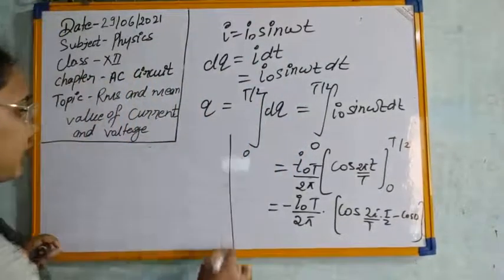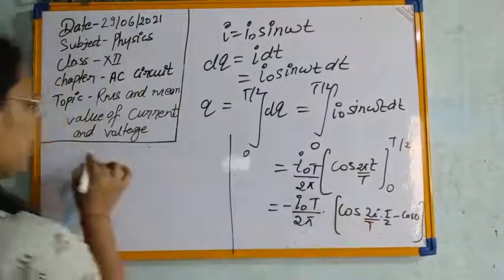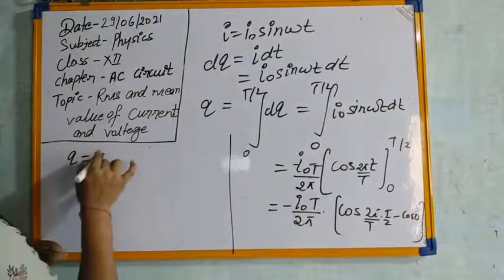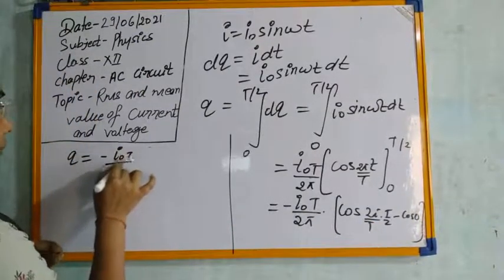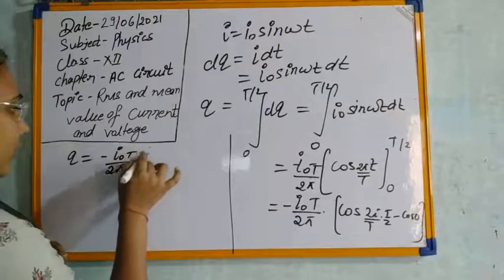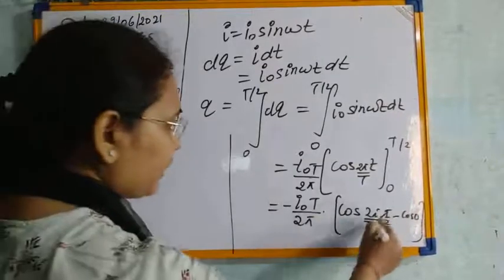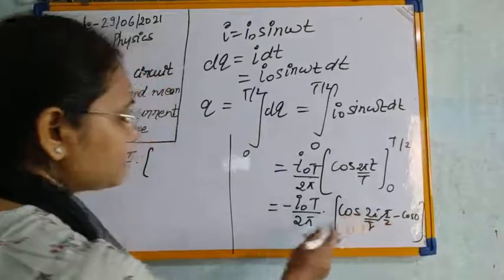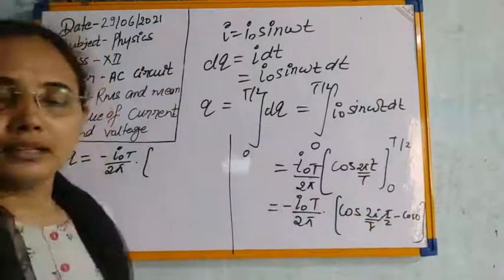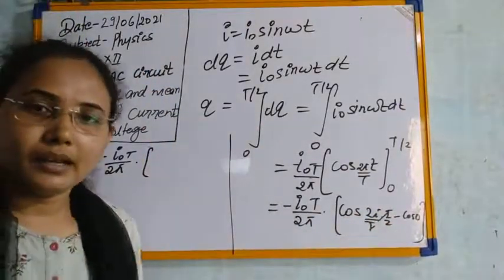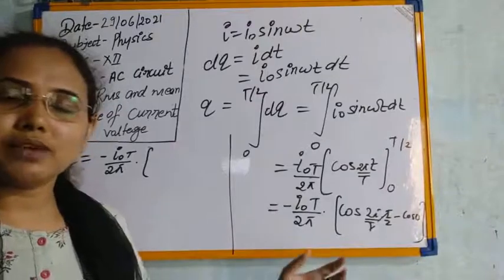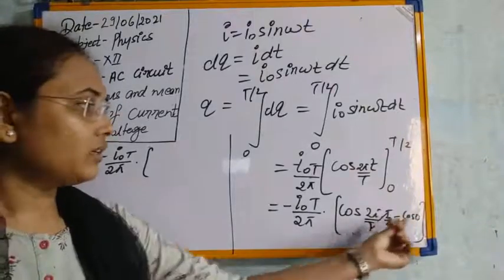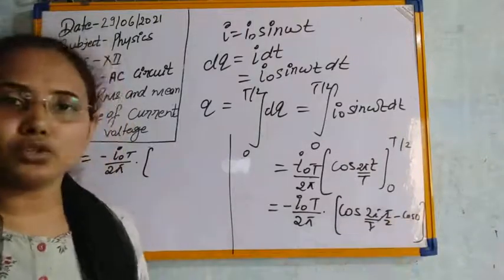Let's just calculate the value of this one. This is the final value of q obtained, I0 T upon 2 pi, and here if you cut, 1 and 2 are cancelled out, then cos pi is the value obtained here. Cos pi, you know, its value is equal to minus 1, and cos 0 its value is equal to 1.